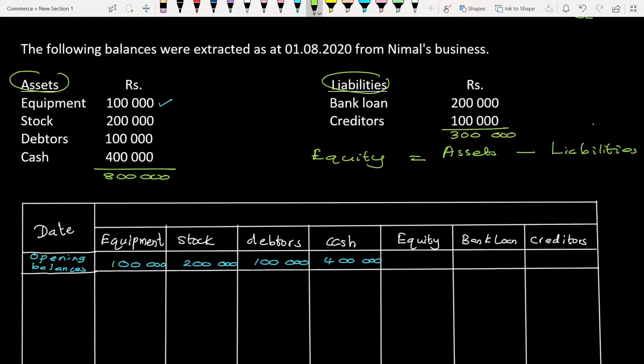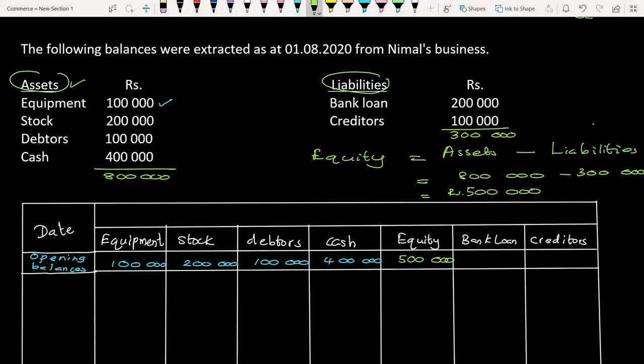So what is our equity value? It's 800,000 minus 300,000. It's 500,000 rupees. So we need to enter the equity amount as 500,000 here. So remember to find equity when we are given assets and liabilities.